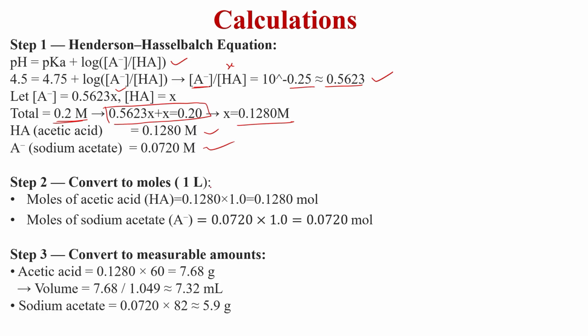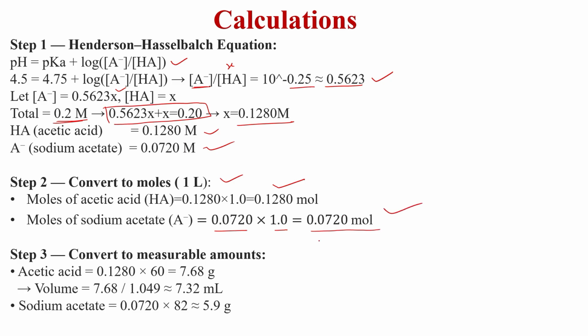Okay, now since the volume is 1 liter, we can convert it into number of moles. So simply your moles will be molarity multiplied by the volume, that is 1 liter, which equals 0.1280 moles. Similarly sodium acetate moles will be 0.0720 into 1, equal to 0.0720 mole.